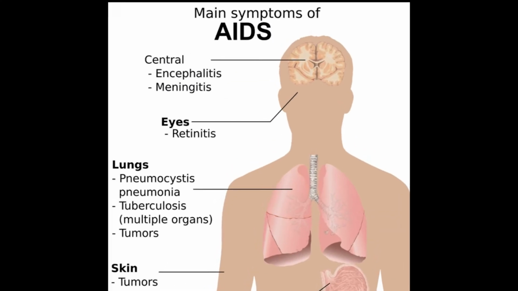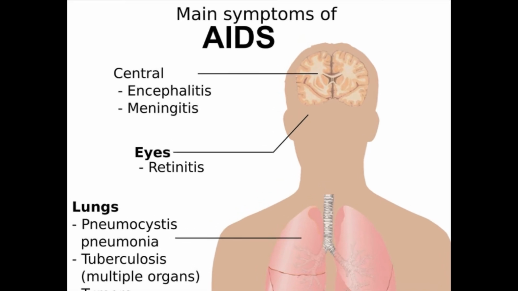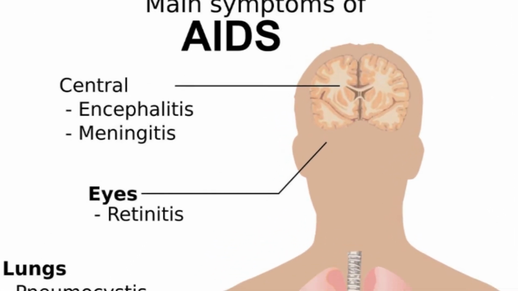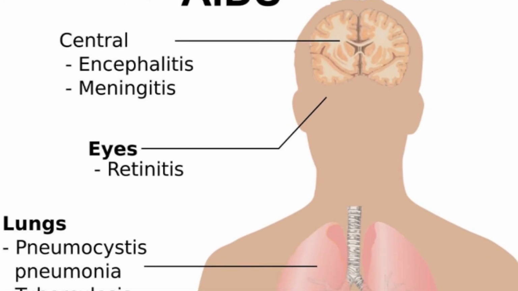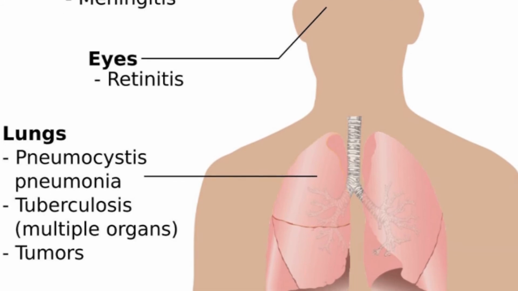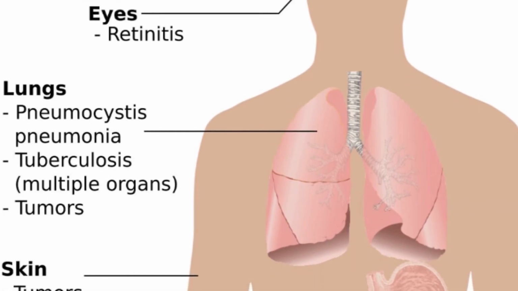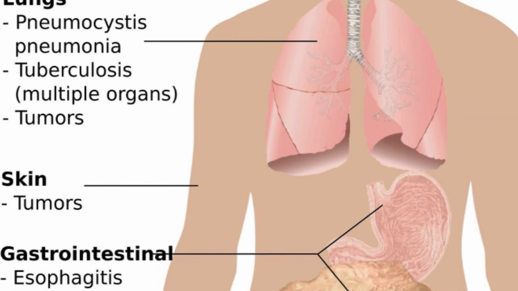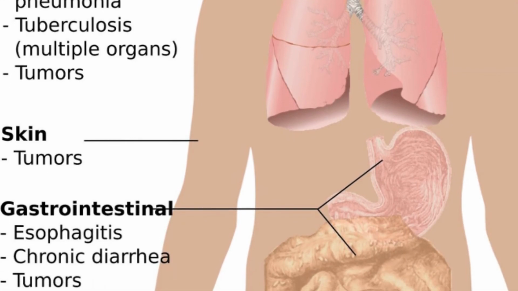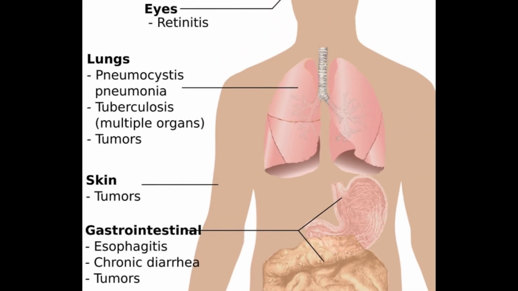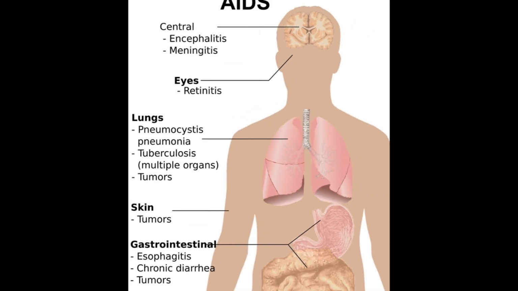AIDS pandemic and epidemic. This started in 1981 and it is continuing still. Since it was first identified, AIDS has claimed an estimated 35 million lives. Scientists believe that HIV, the virus that causes AIDS, is likely to have evolved from a virus found in chimpanzees that was transferred to humans in West Africa in the 1920s.